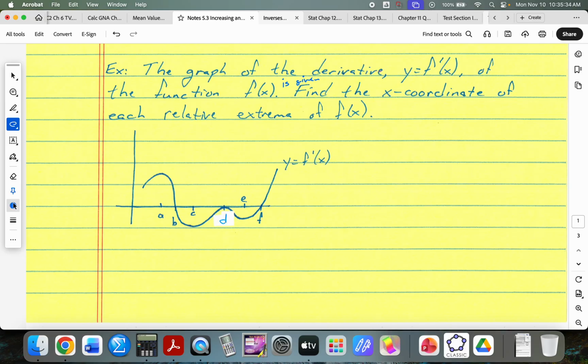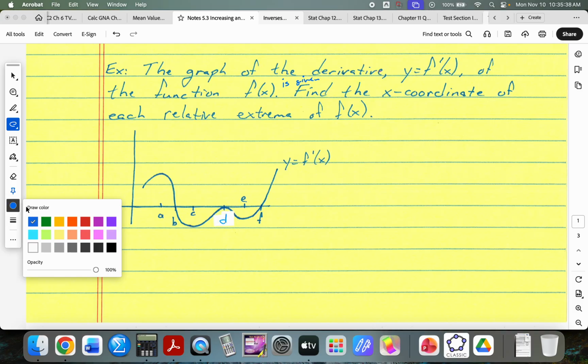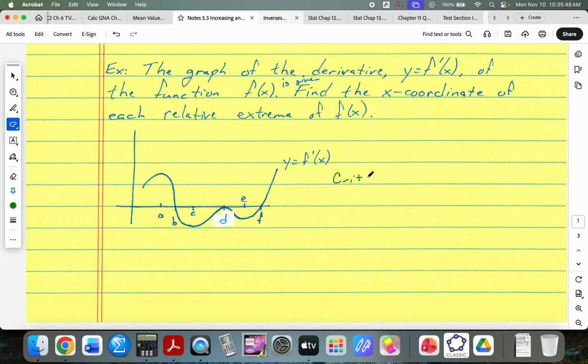Find the x-coordinate of each relative extrema of f of x. So, we first of all look for critical points. The critical points of f are where f prime is either 0 or does not exist.